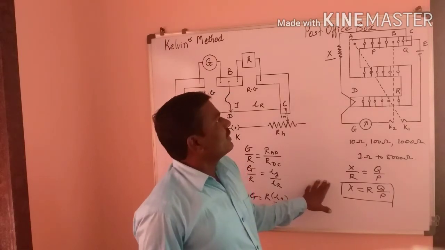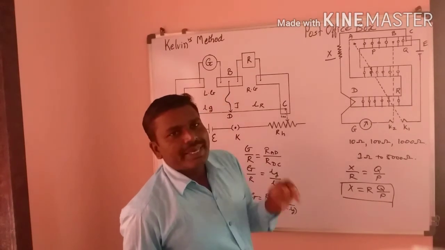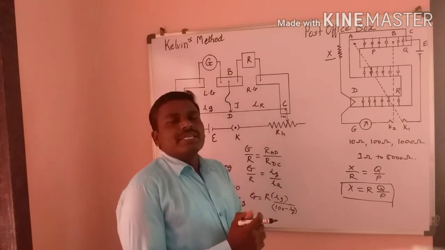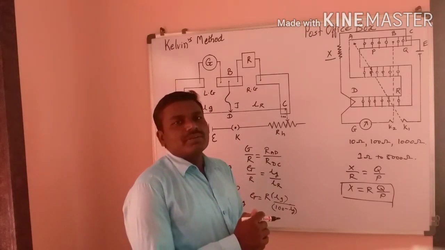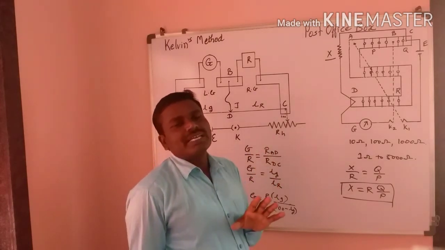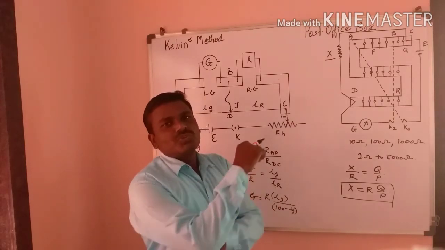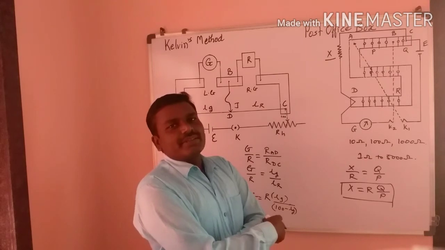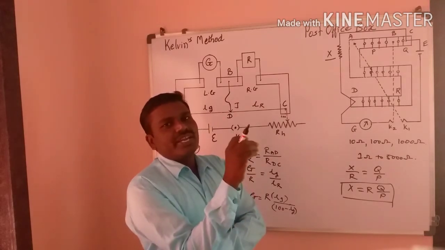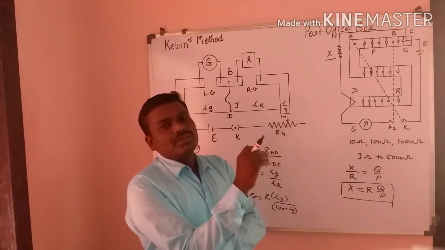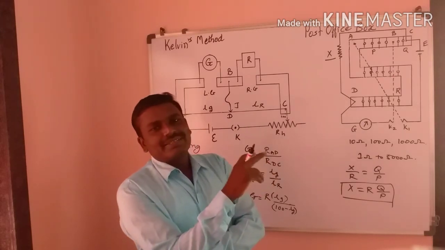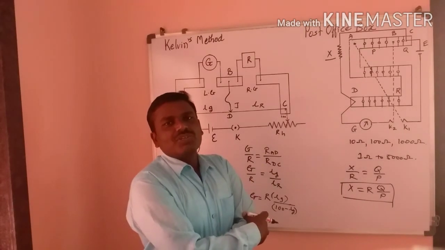Here again we use strain gauge measurement, which is used to measure the strain or dimension or resistance of the wire. In that, four resistances are used.